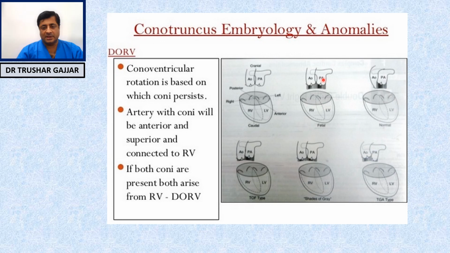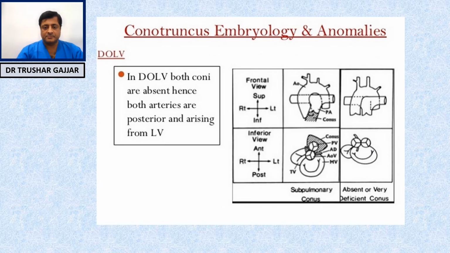Or they will have a partial rotation, then it will have a normal relation, but both arteries are arising from the right ventricle. Suppose both conuses disappear, then both the arteries will be pushed posteriorly and they will come in contact with the posterior ventricle, that is left ventricle, which will lead to the formation of the anomaly called double outlet left ventricle.